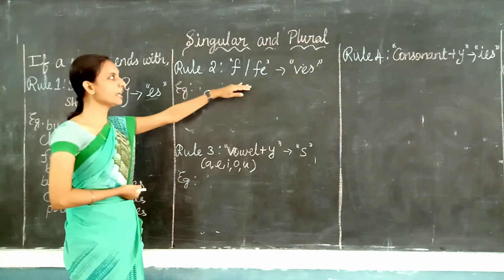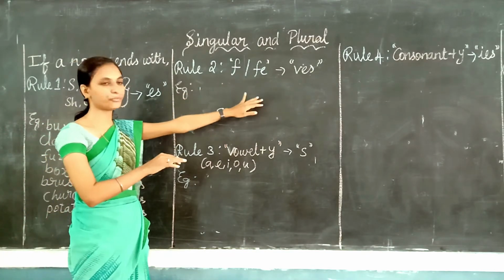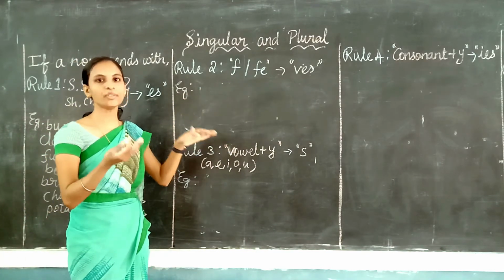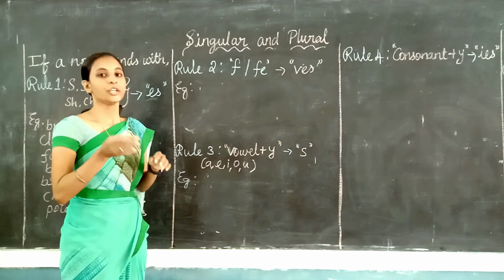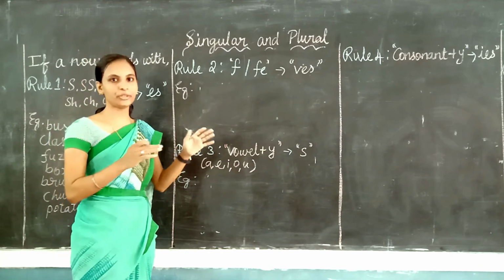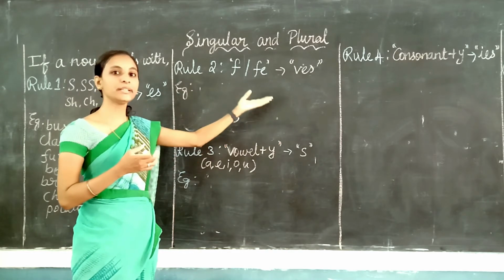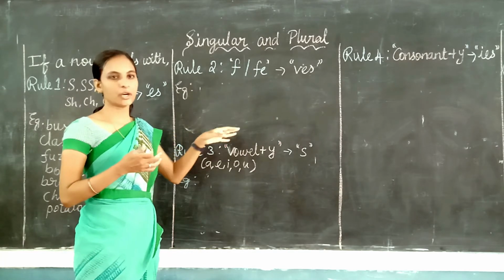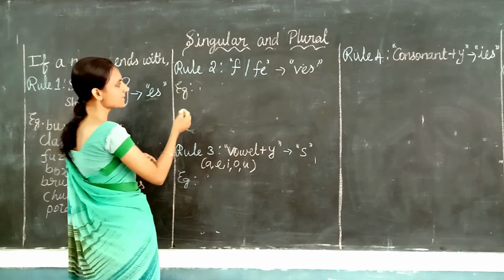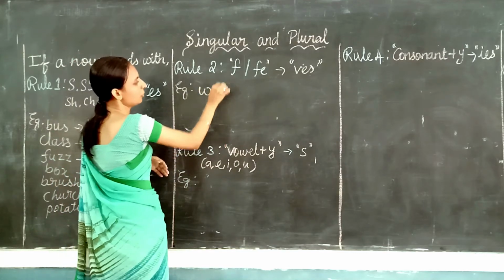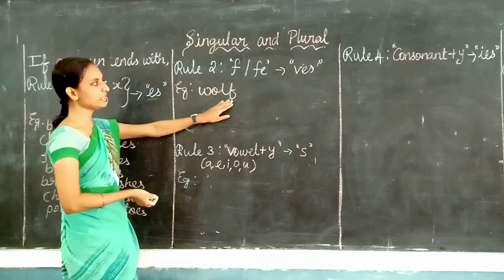That is, if a noun ends with f or fe. If you find any noun which ends with f or fe, you are going to remove f or fe from the word. Instead of f or fe, you are going to add ves after the noun. I am going to give you some examples. Wolf. Wolf ends with f.